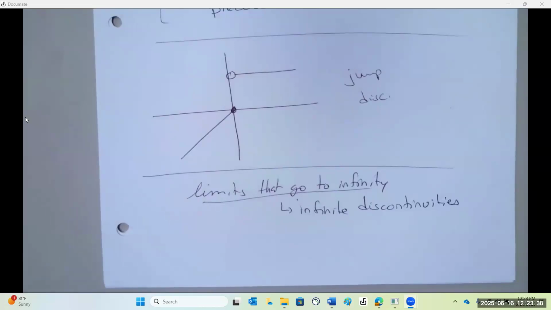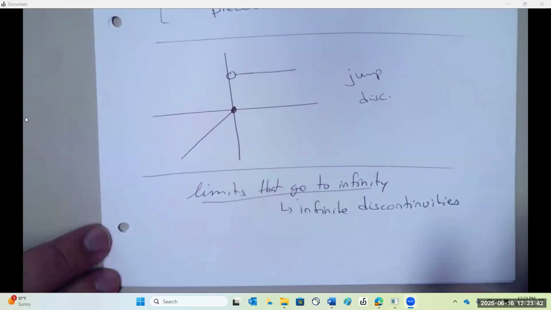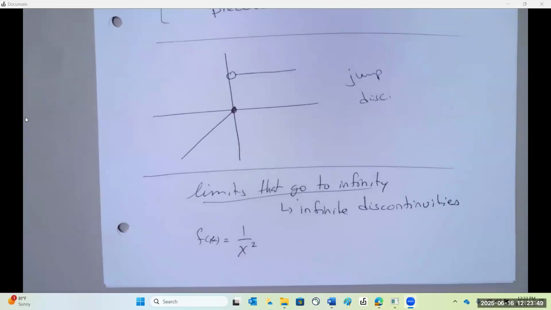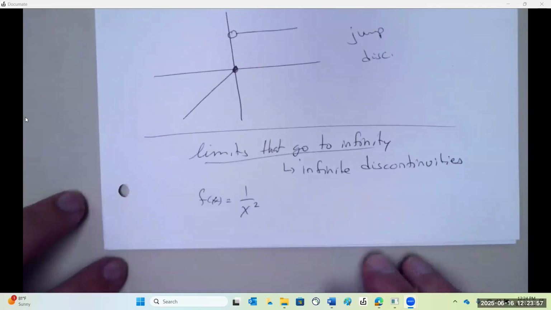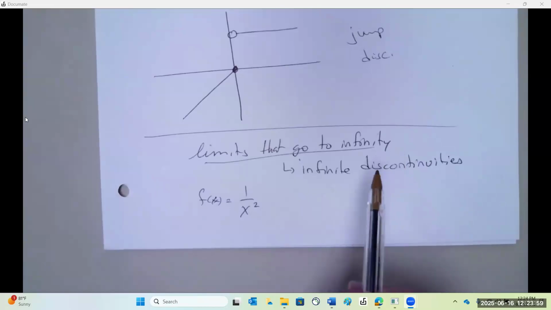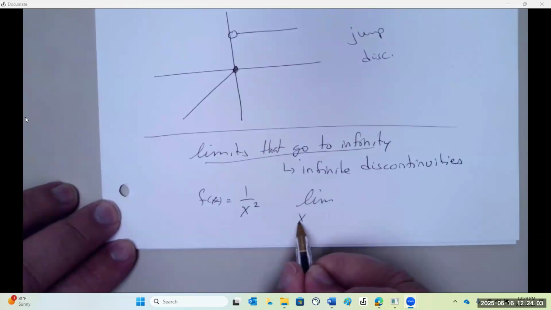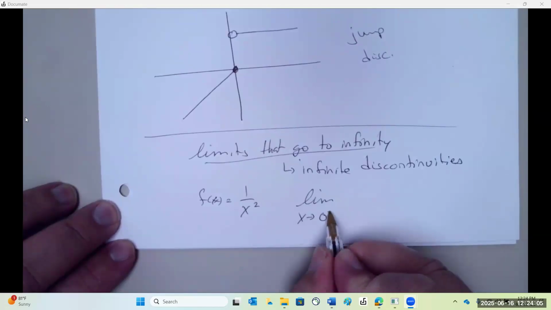We just talked about one of those, the rational function, 1 over x. What if we had 1 over x squared? Limits that go to infinity. So the limit of this one as x goes to 0 from the left.